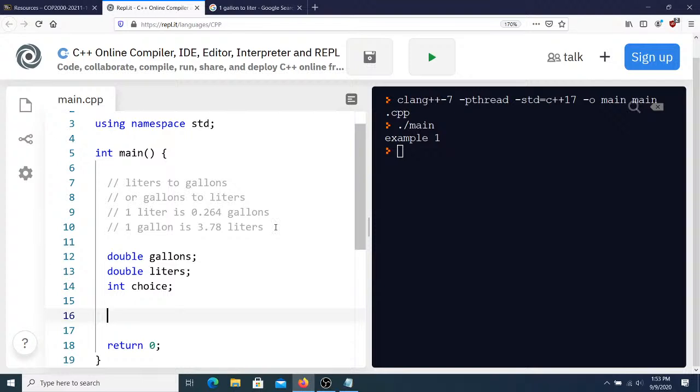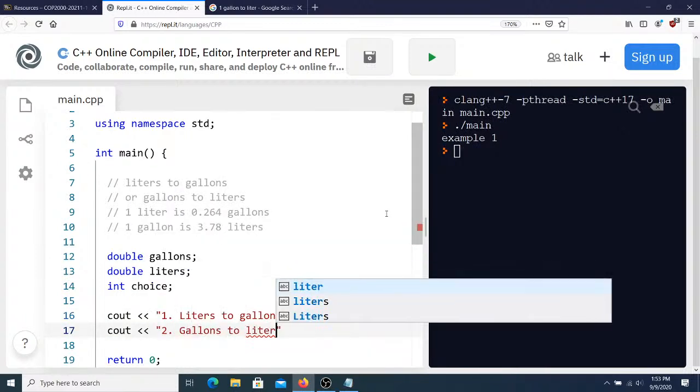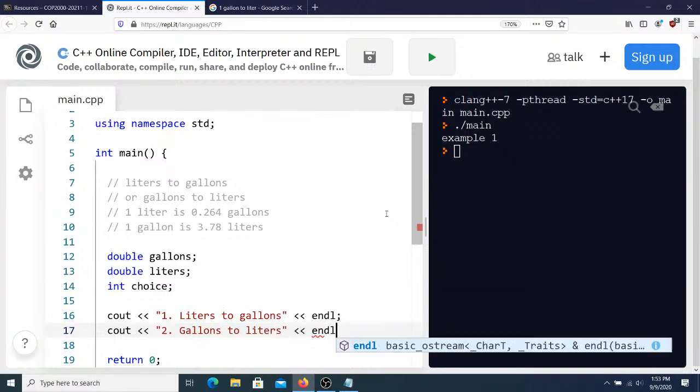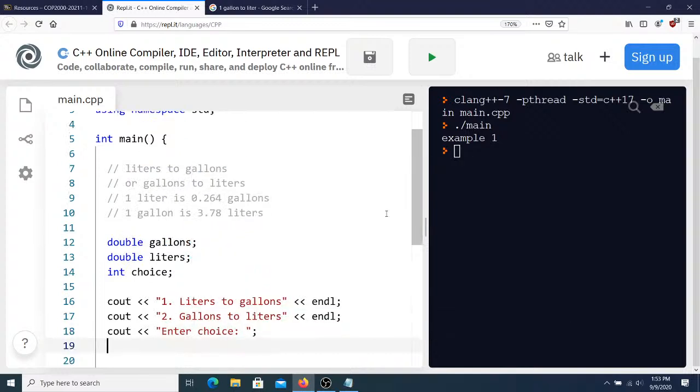And so we're going to print out our menu. You're going to see these patterns over and over again.